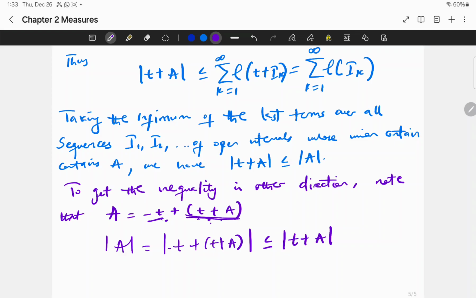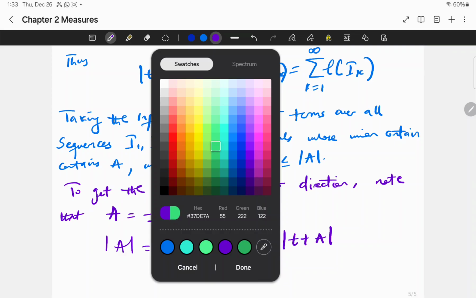Let me use another notation so that you don't mix it up.